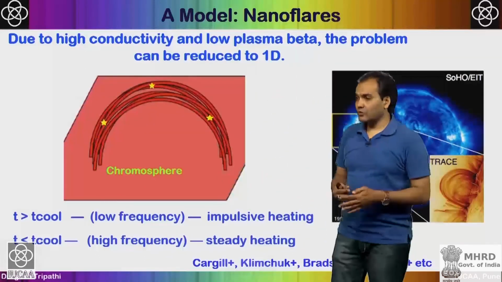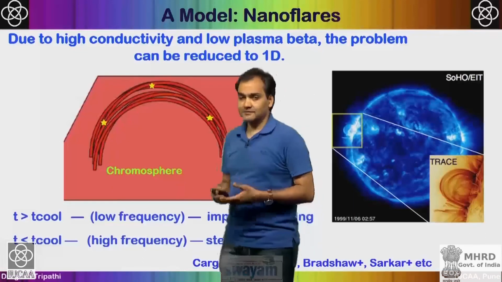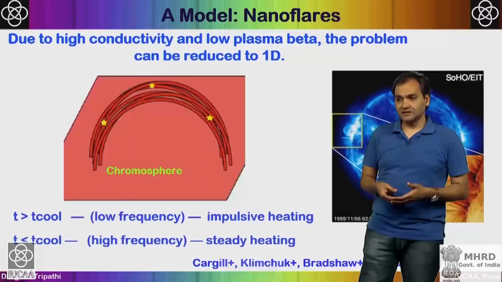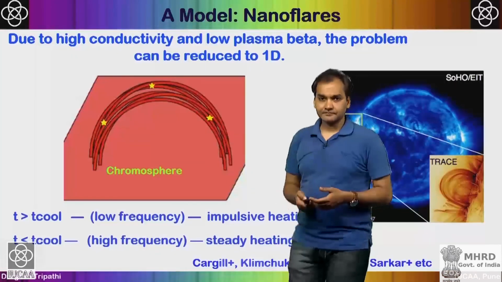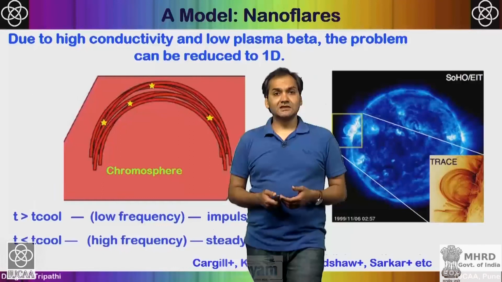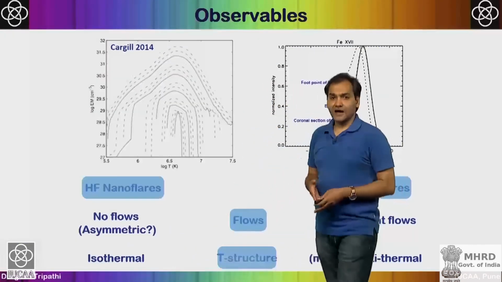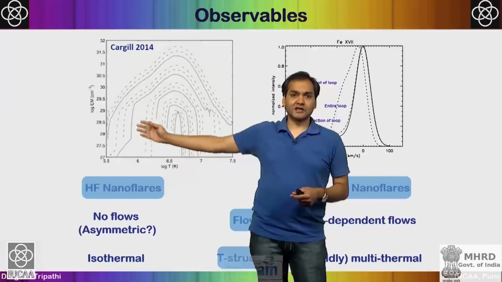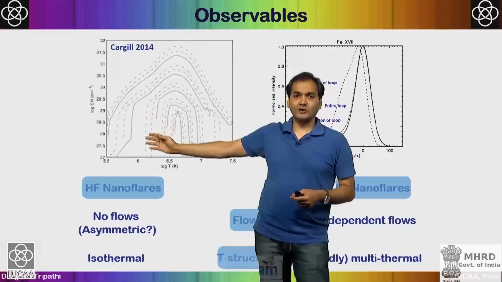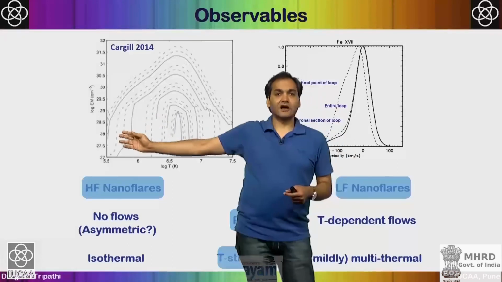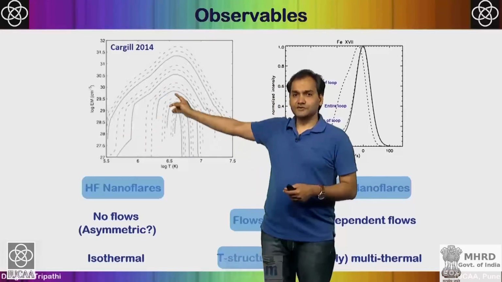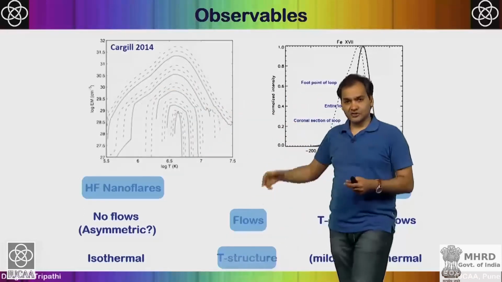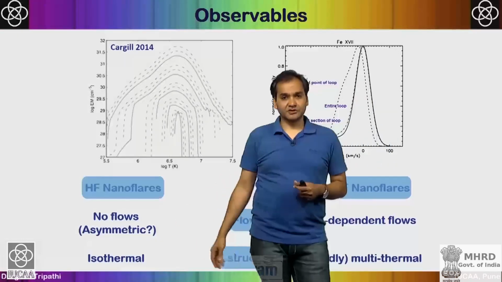Then you look at what kind of observables these simulations produce and compare those with what we see in our observations. You find that high frequency nanoflares will produce emission measure curves with various kinds of slopes, and depending on how high or low the frequency is, you will produce various emission measure curves that you can compare with your observations.